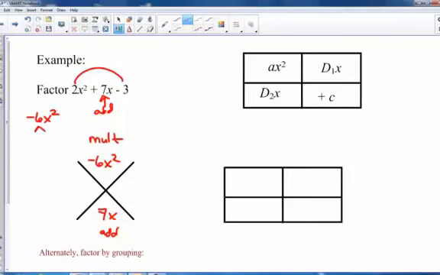So I would have to do like negative 6x and positive 1x. That does not add to 7. Negative 3x and positive 2x. So this again is prime. Nothing multiplies to give you negative 6x squared that adds to give you 7.